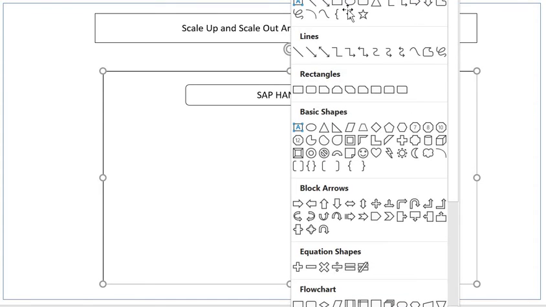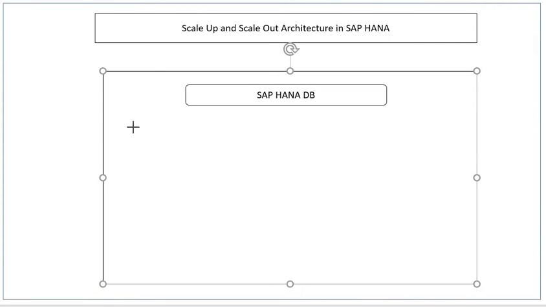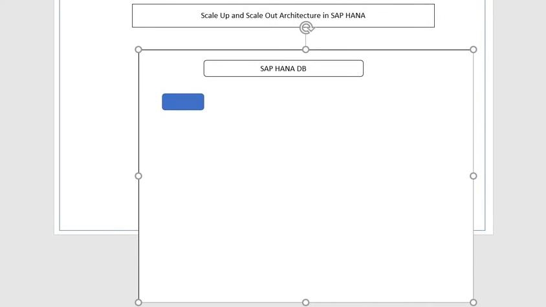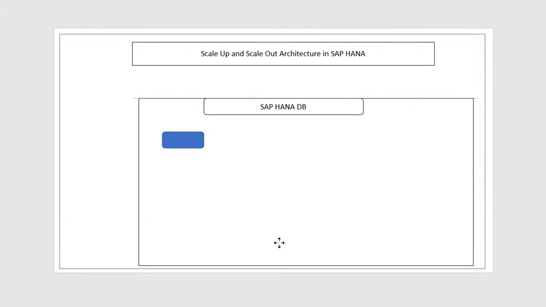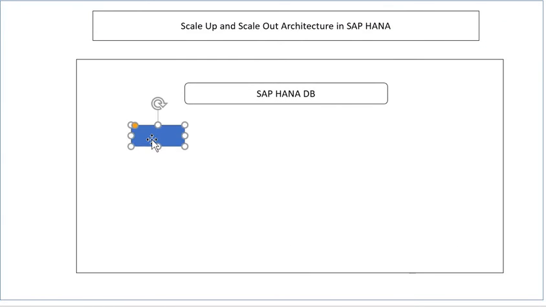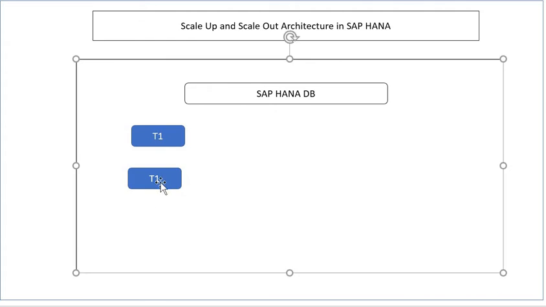So what we're going to do is, there will be different tenant databases like tenant 1, and similar to that there will be tenant 2, and there will be tenant 3.